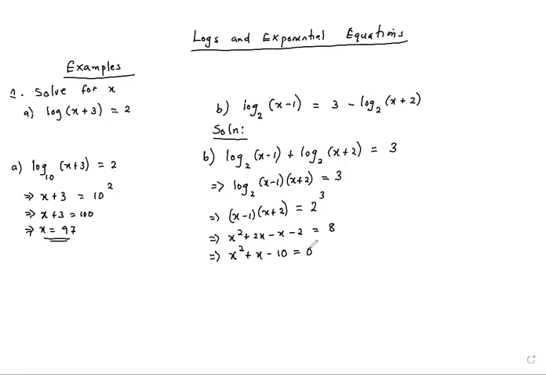Then, of course, we won't have two numbers that when we add, we get 1 and multiply, you get 10. So we use the formula. We'll have negative 1 plus or minus the root of 1 plus 40, over 2. These are the values of x.